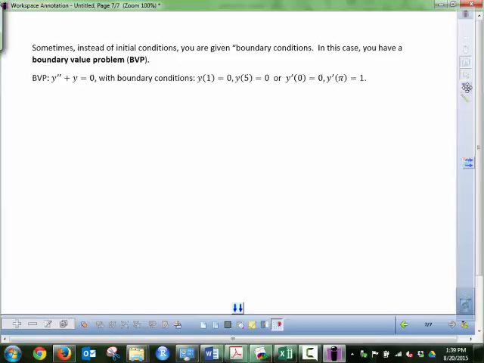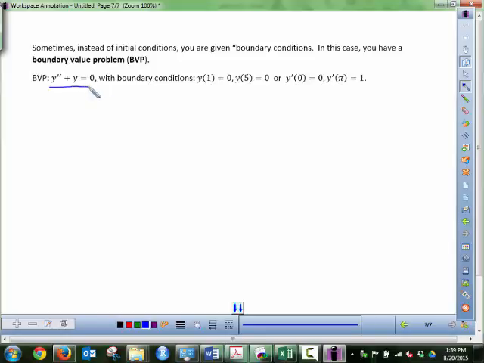We have a differential equation, and instead of your initial conditions being at y and y prime, your initial conditions happen at y at some point and y at another point. Or it could happen at y prime at some point and y prime at another point. So you see the difference between initial conditions and boundary conditions?